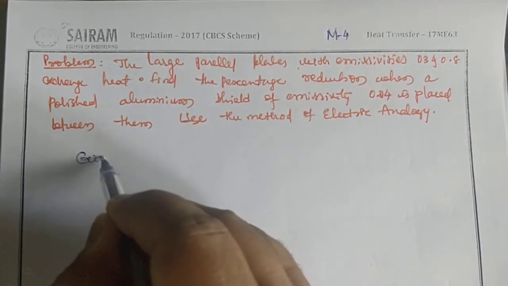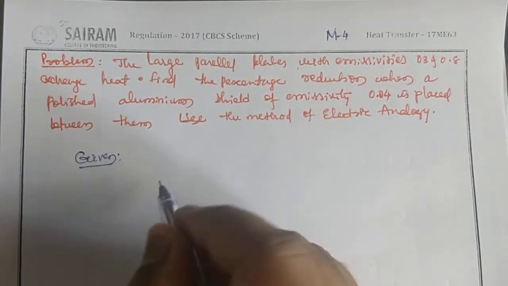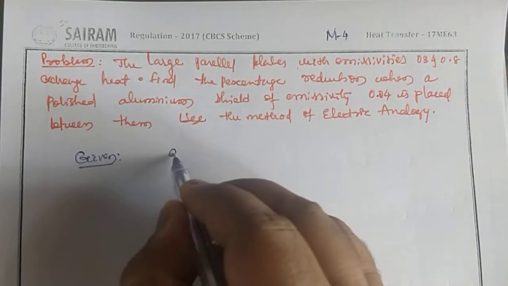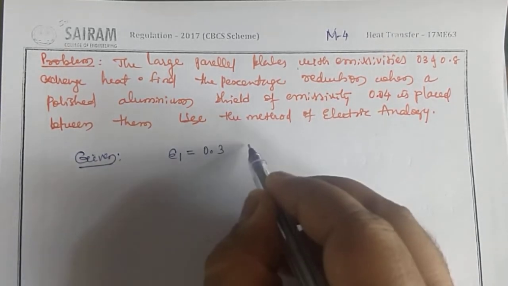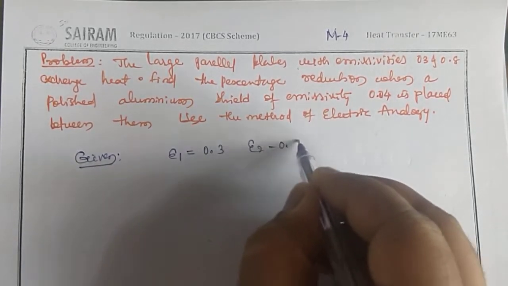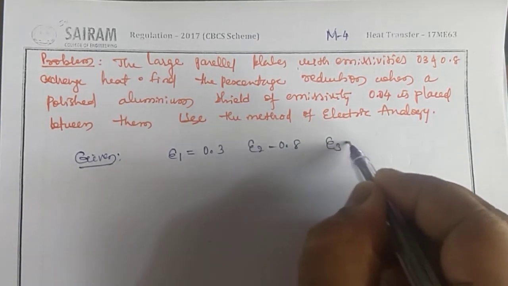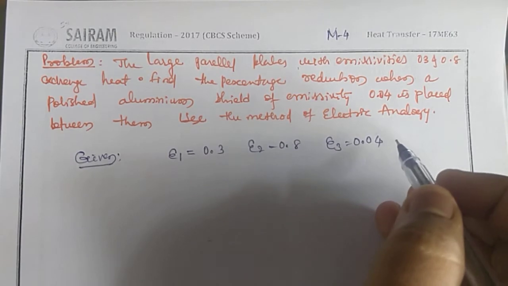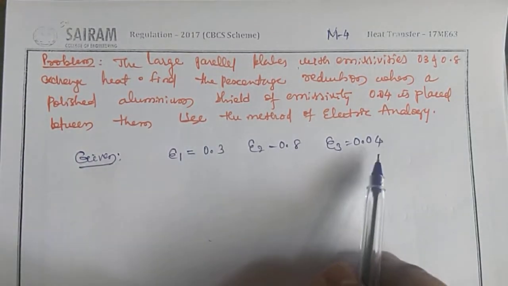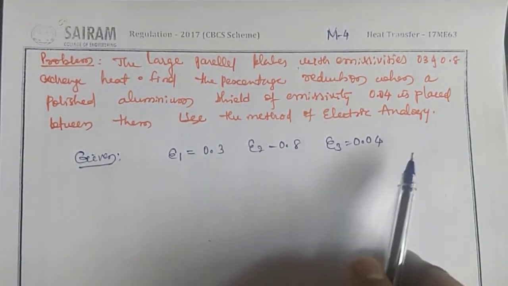Given data: emissivity first is 0.3, then 0.8, and epsilon 3, 0.04, is introduced between them.